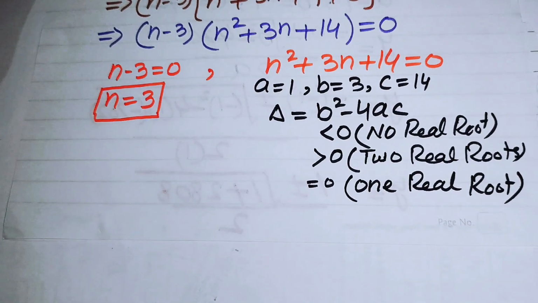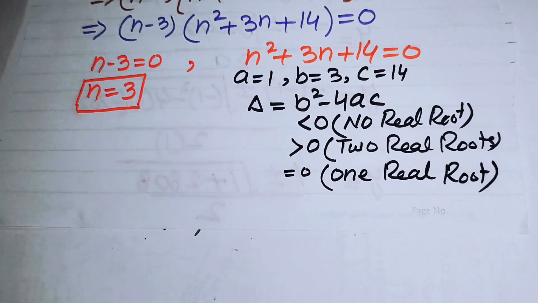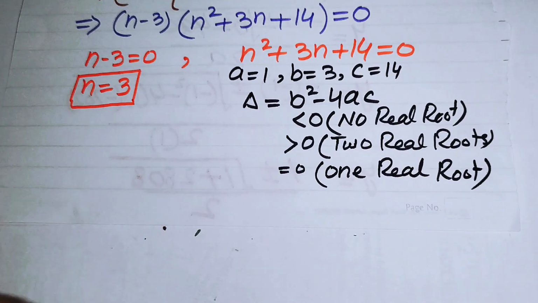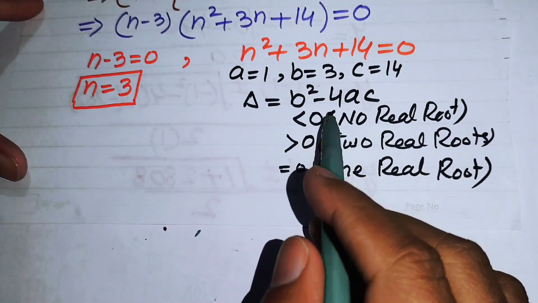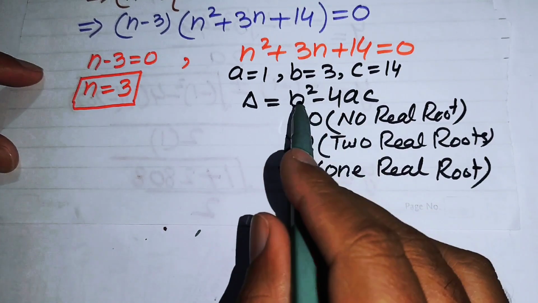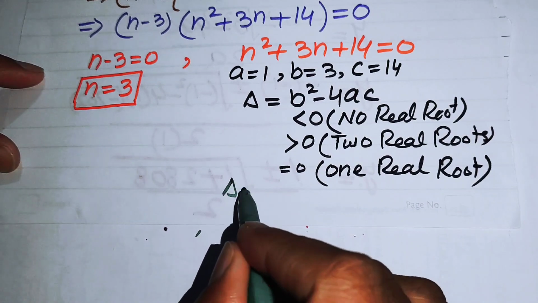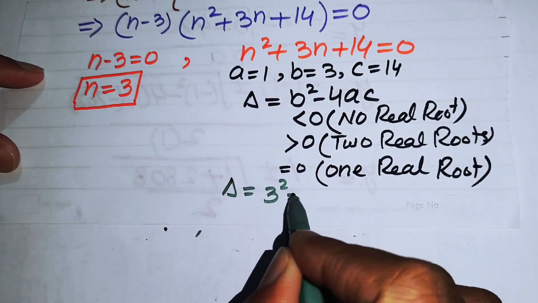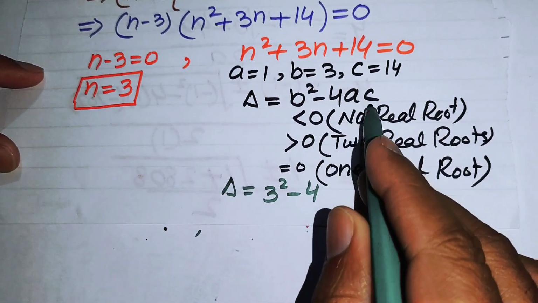So now we check the behavior of our delta by putting the values of a, b and c in this expression. So the value of b is 3, and when you put it here, you get our delta equals 3 squared minus 4 times ac.